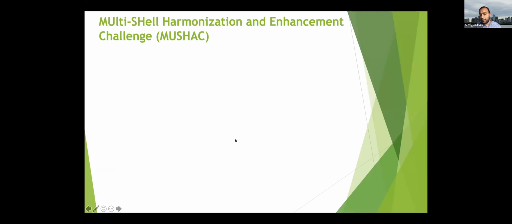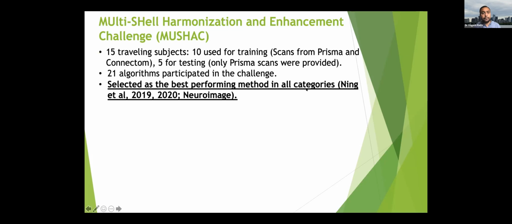I'm not sure, but maybe most of you know there was a community challenge. There have been 2 community challenges on diffusion MRI harmonization. It's called the MUSHAC challenges. It was held with MICCAI, which is a conference, at a workshop called Computational Diffusion MRI.